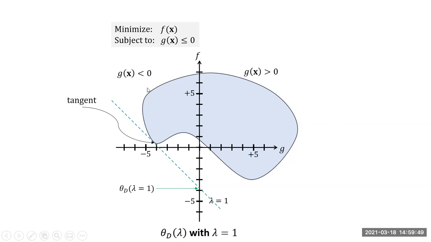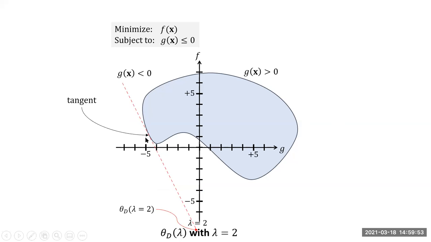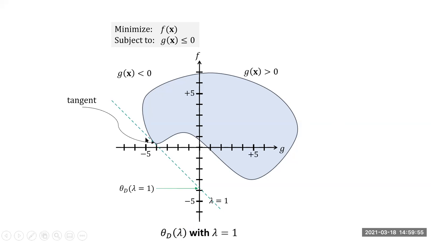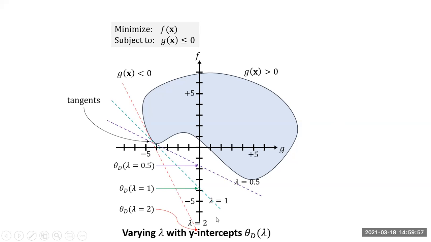So for different values of lambda, I have to draw the tangent each time, right? So these are for 3 different values of lambda. This is what I got. For lambda equals 2, this was theta d of lambda. For lambda equals 1, this is theta d of lambda. For lambda equals 0.5, this is theta d of lambda.